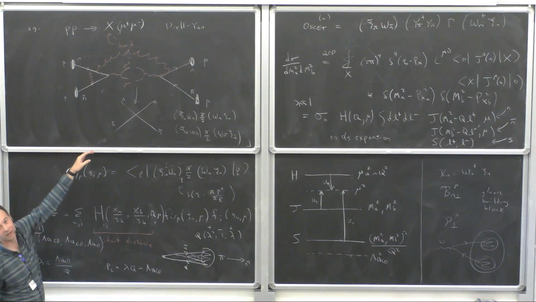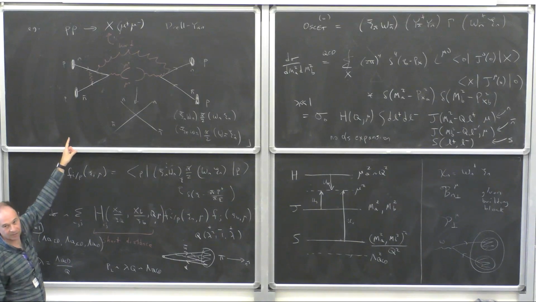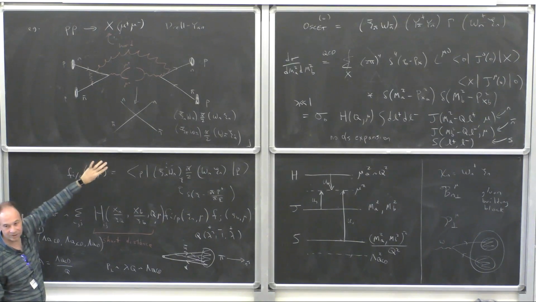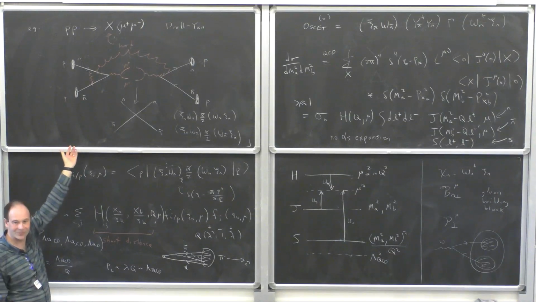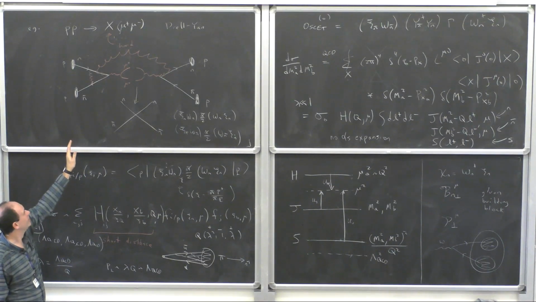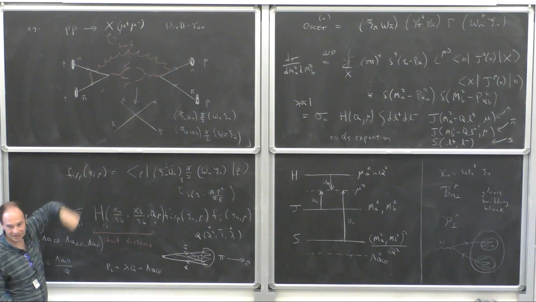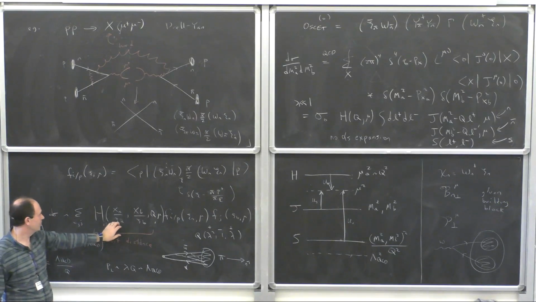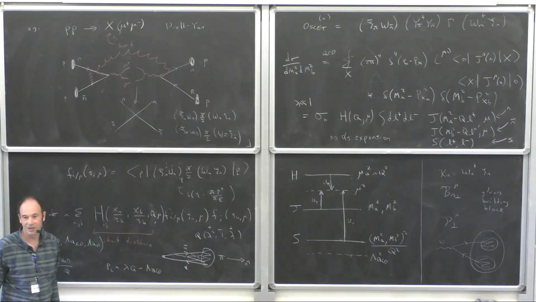Here it's allowed. The virtual diagram is a time reversed version of the e plus e minus to q q bar, so I could recycle the virtual diagram at one loop. But the real emission diagram, I just have to calculate fresh, and that's where the non-trivial dependence on the variables is going to come from.